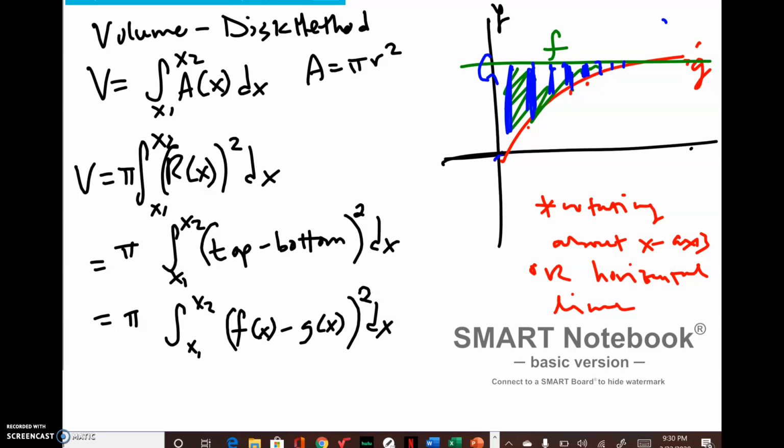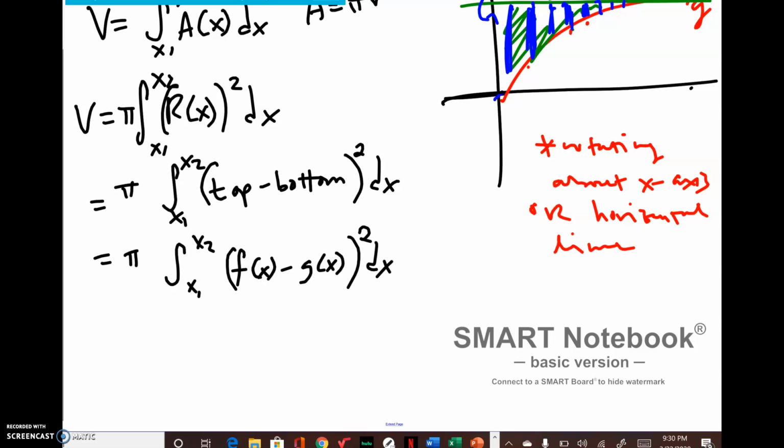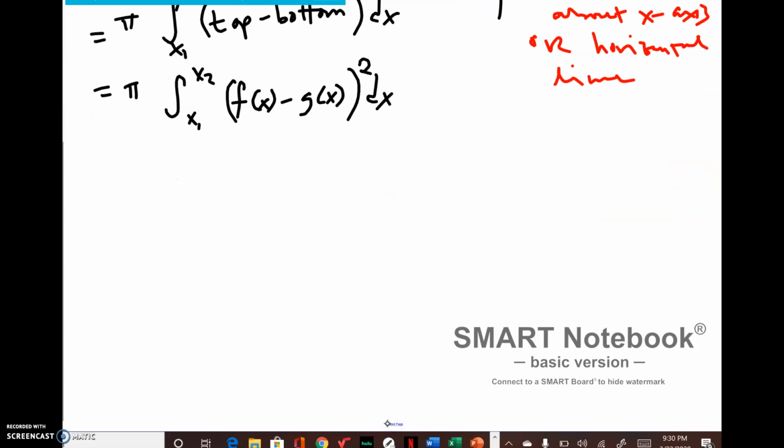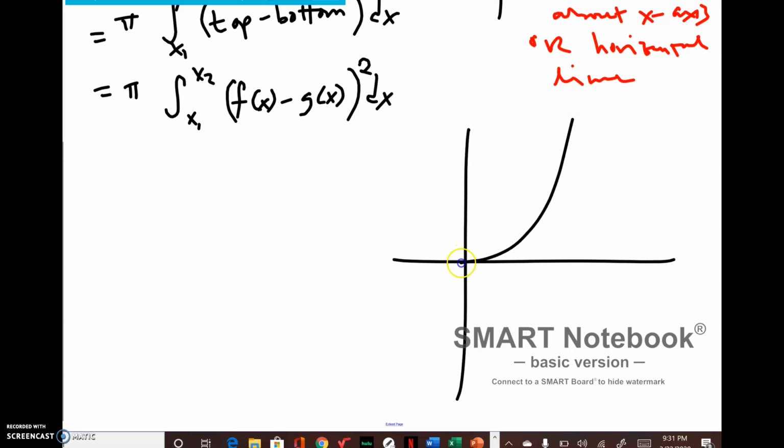So now let's look at when my functions are in a different orientation. Okay. So let's suppose I have this, and I'm rotating about the y-axis.